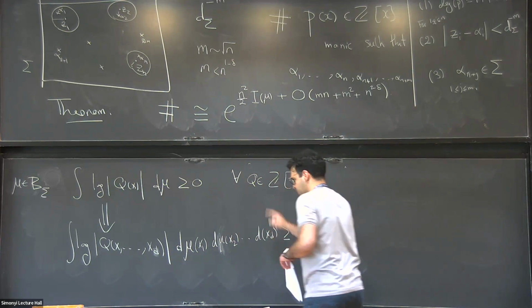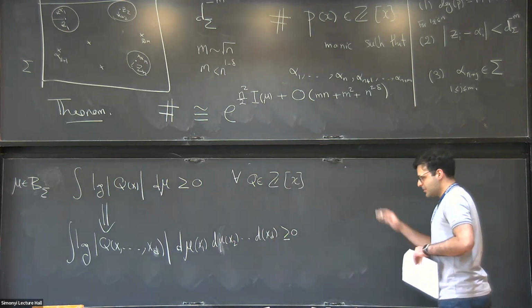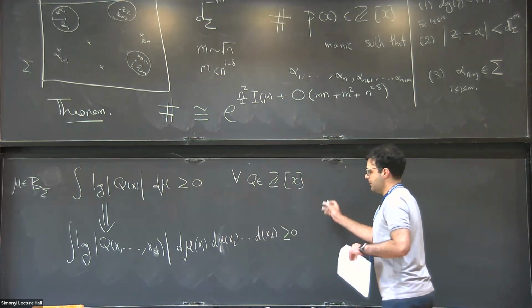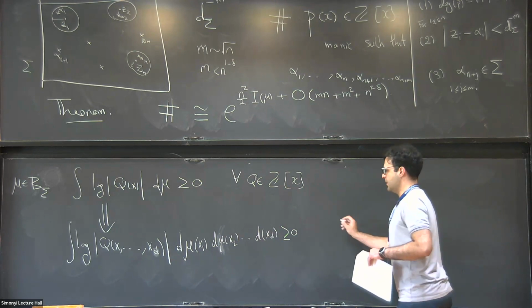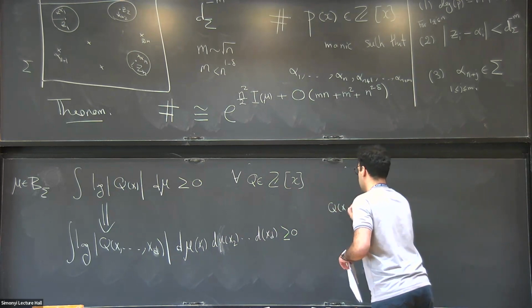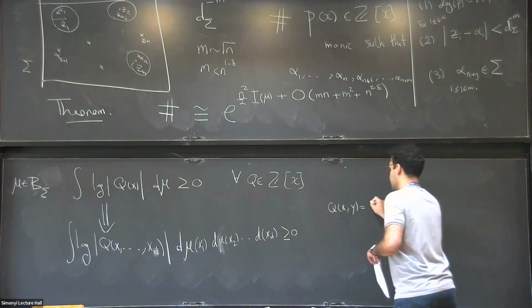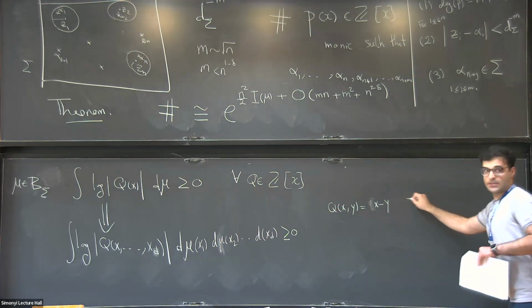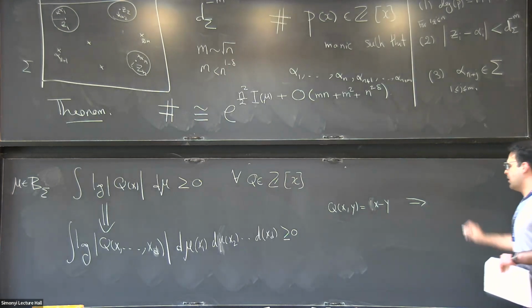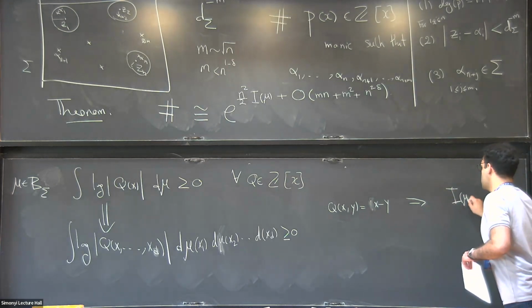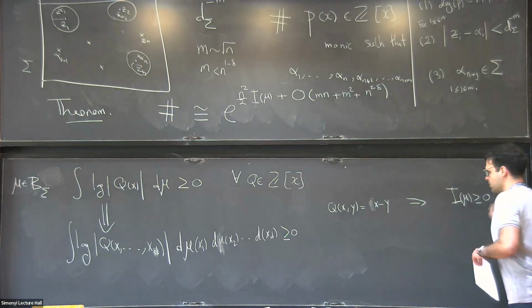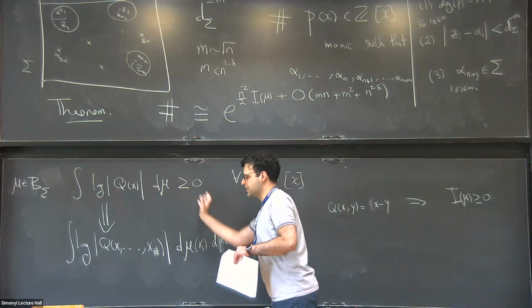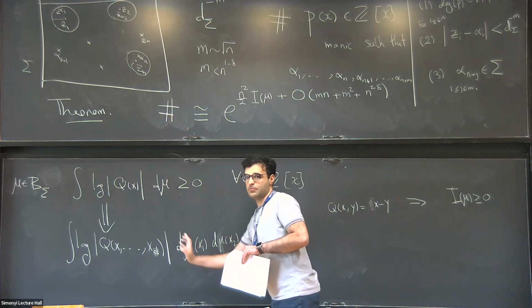The proof is actually not trivial, but it implies I mu is positive by taking q of x and y to be x minus y. So somehow it's a higher version of a resultant that we are computing here.